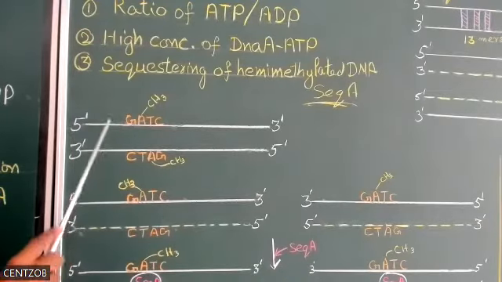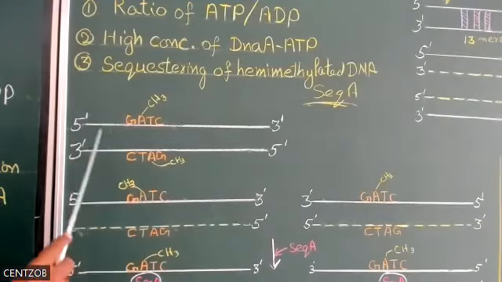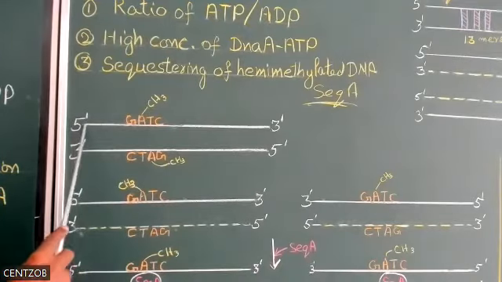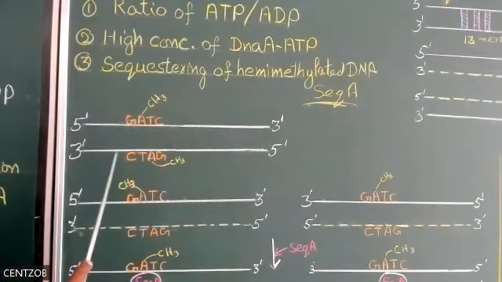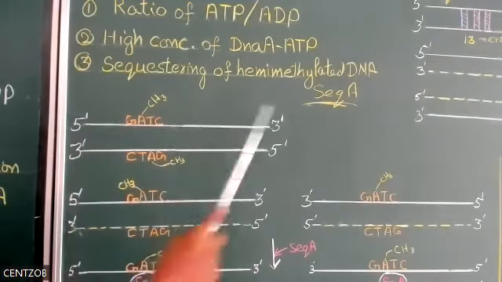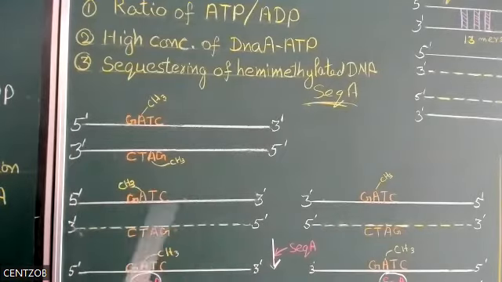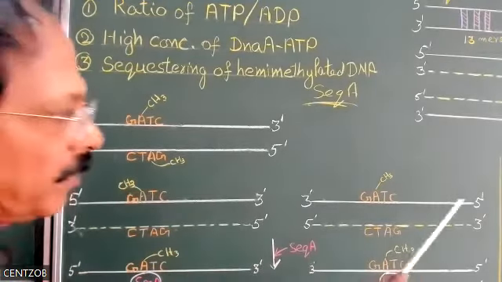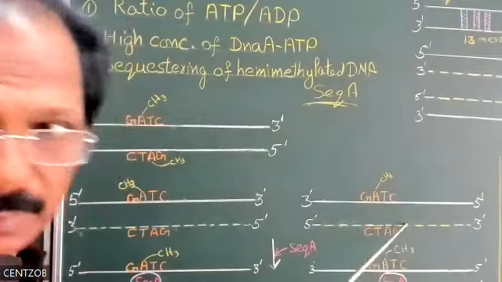See, it replicated. That is, this is one template strand. It is another template strand. Here 5'-3', and 3'-5', ഇവിടെ വരച്ചിരിക്കുകയാണ്. അതിൽ നിന്ന് daughter strand ഉണ്ടായി.